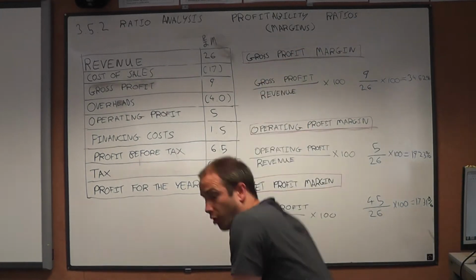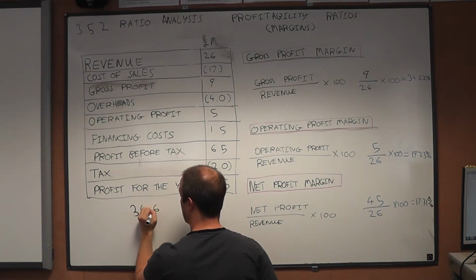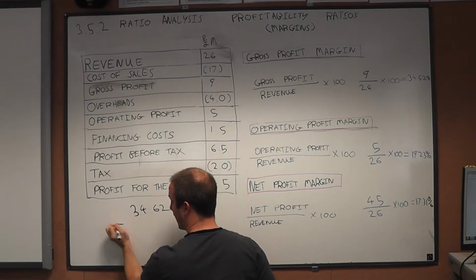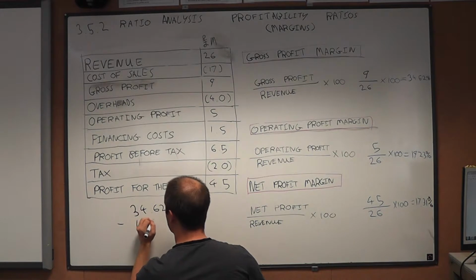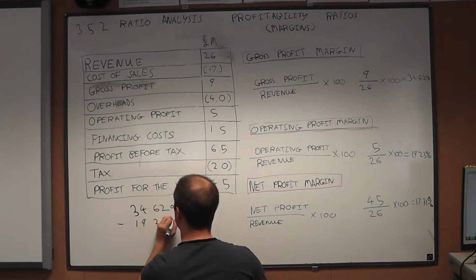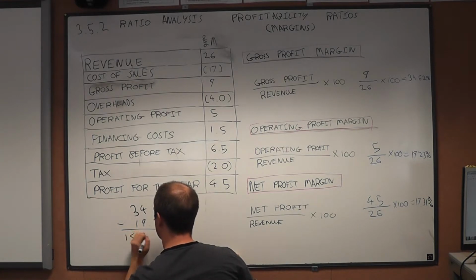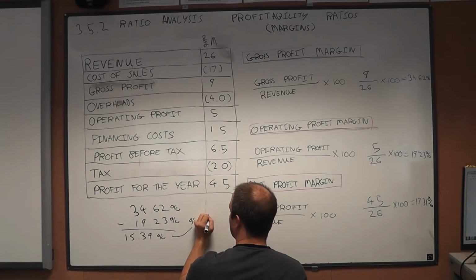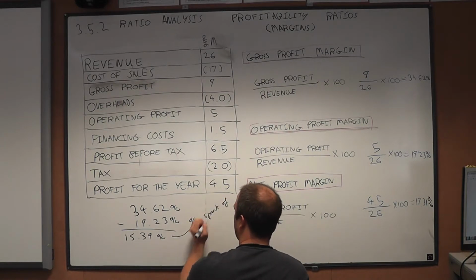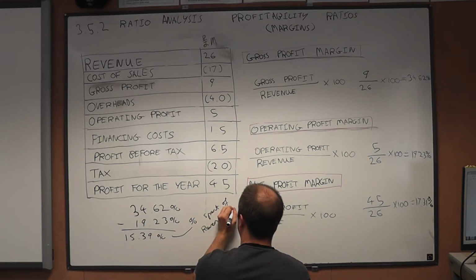So we take our gross profit margin of 34.62%, and we're going to take away our operating profit margin of 19.23%, which should give us 15.39%, which means this is how much is being spent, as a percentage of revenue, on overheads.